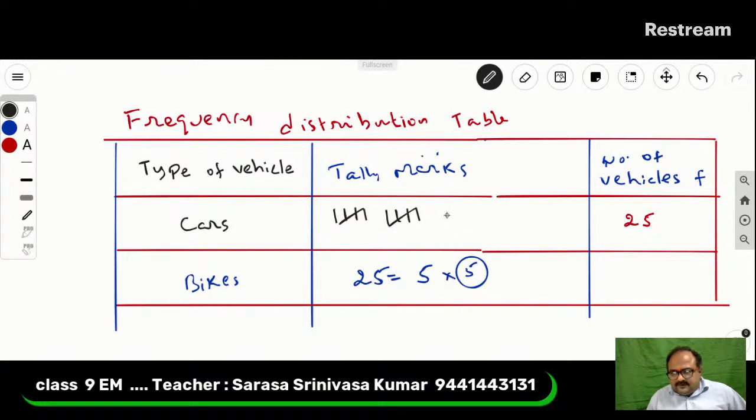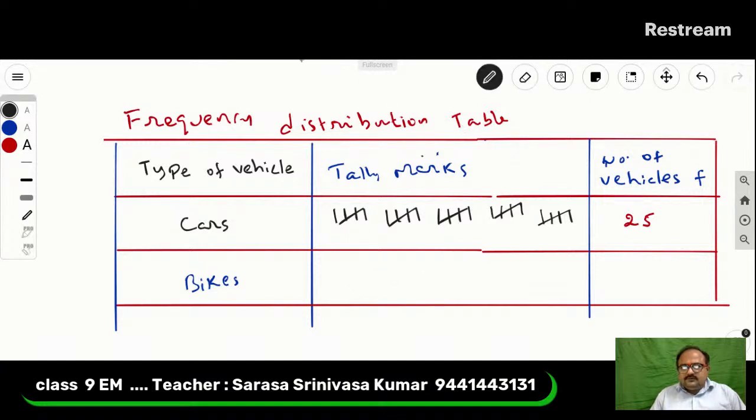This is the first one. Now the second, 1, 2, 3, 4, 5. Third, 1, 2, 3, 4, 5. So up to now I have written 20. Now the last one, 1, 2, 3, 4, 5. So total 25 tally marks. Tally marks should be written in this way.